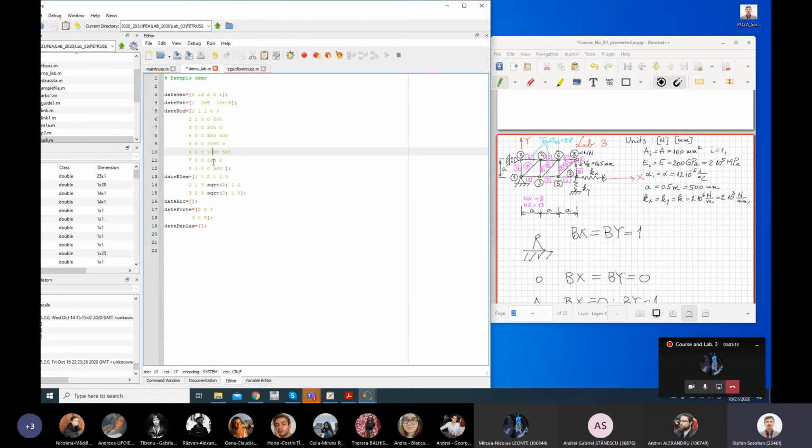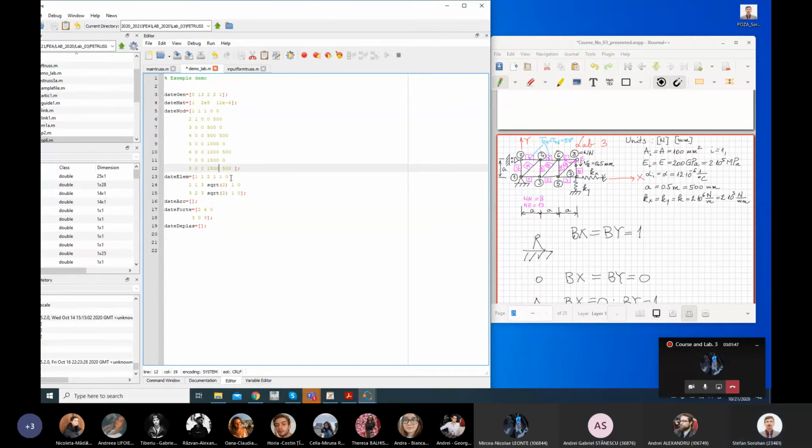Let's check: 5 is 0, 0, 6, 0, 0, 7, 8. All degrees of freedom may be non-zero, and even here I have an imposed non-zero displacement. Here I must take 0.